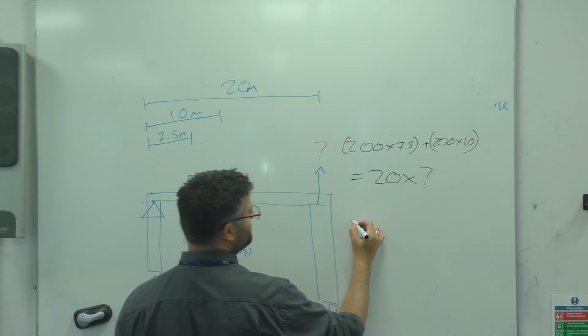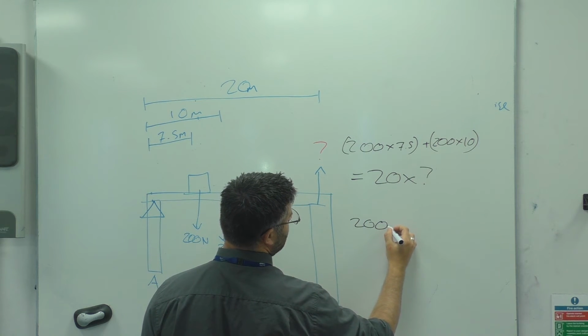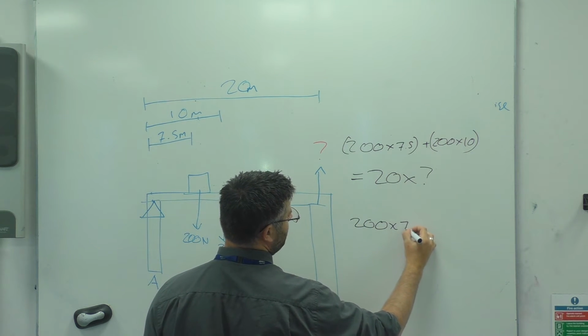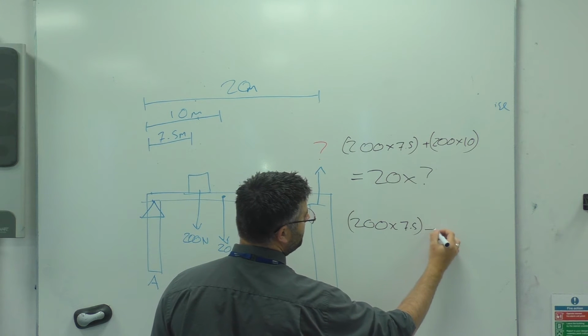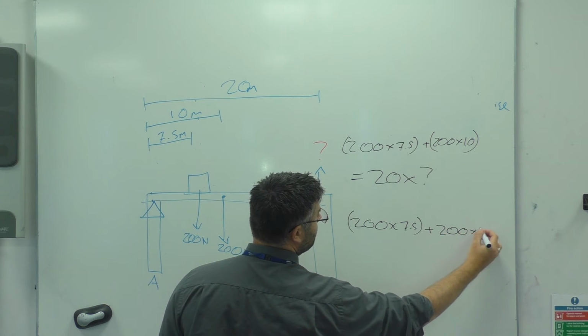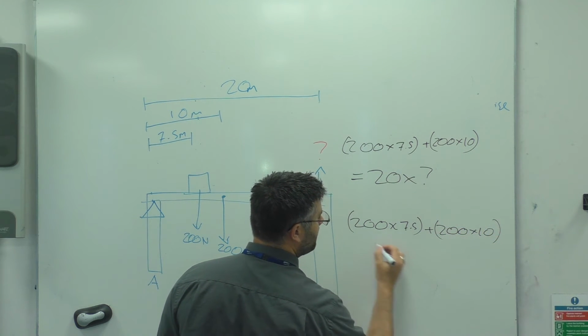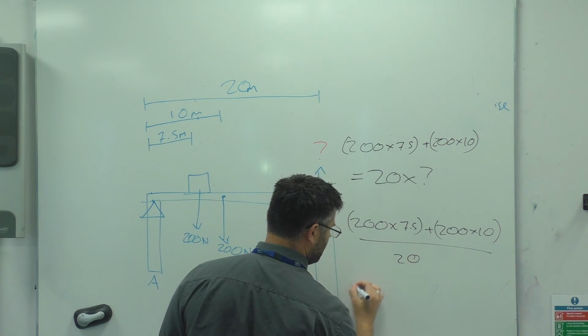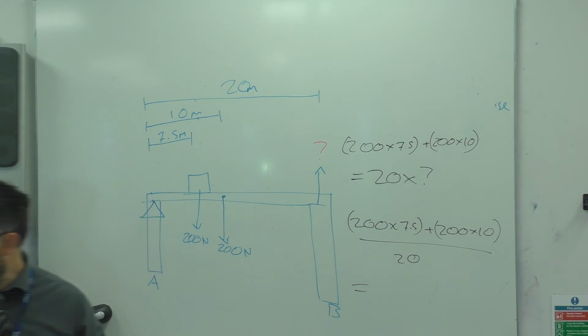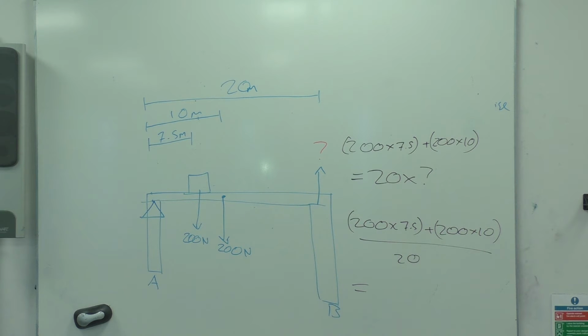So we can do a bit of algebra here just to simplify this straight away. 200 times 7.5 plus 200 times 10. Divide that all by 20 and we'll get an answer. So let's do that on our calculators now.